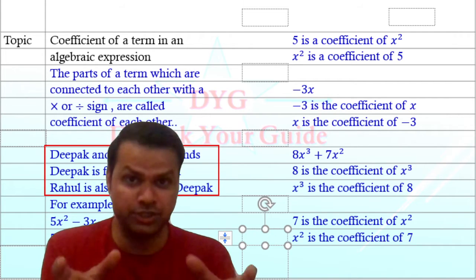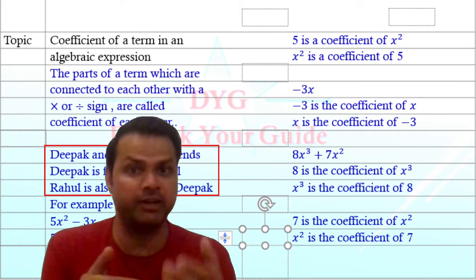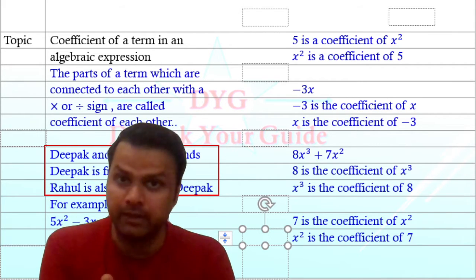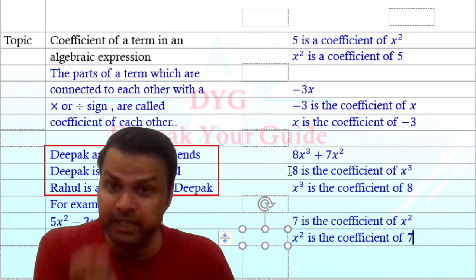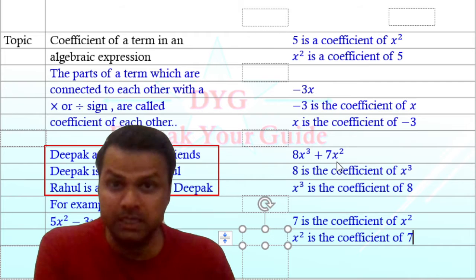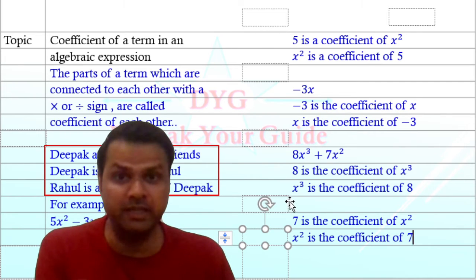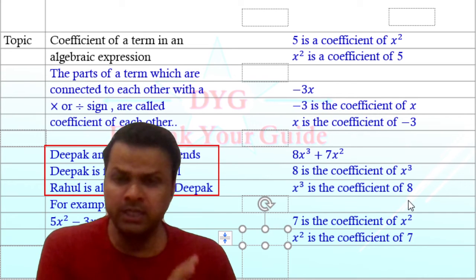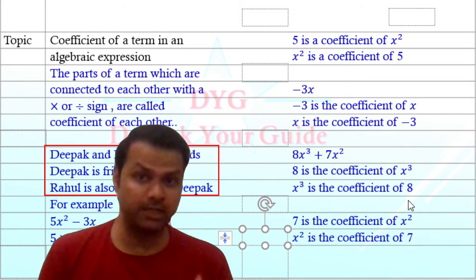So they share a friendship. A is a friend of B, that means B is also the friend of A. Similarly, if 8 is the coefficient of x to the power 3, that means x to the power 3 is also the coefficient of 8. This was the example of multiplication.